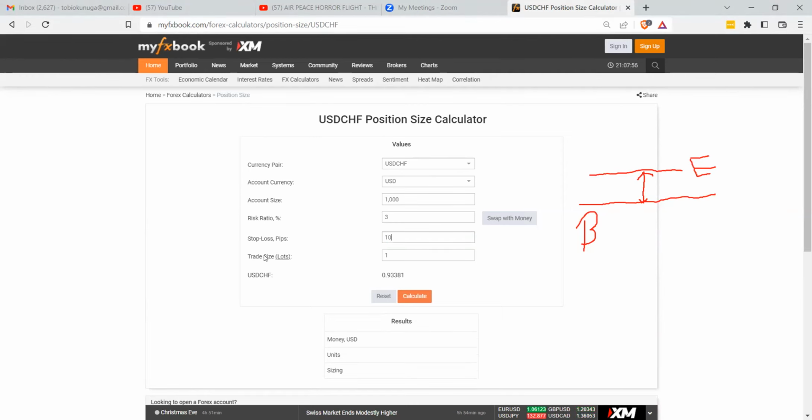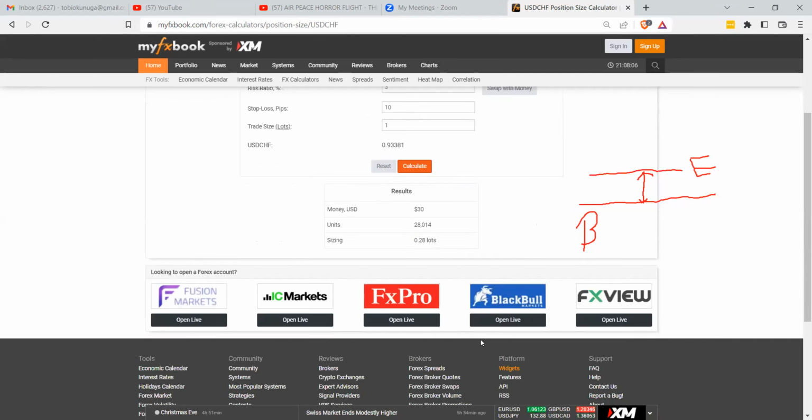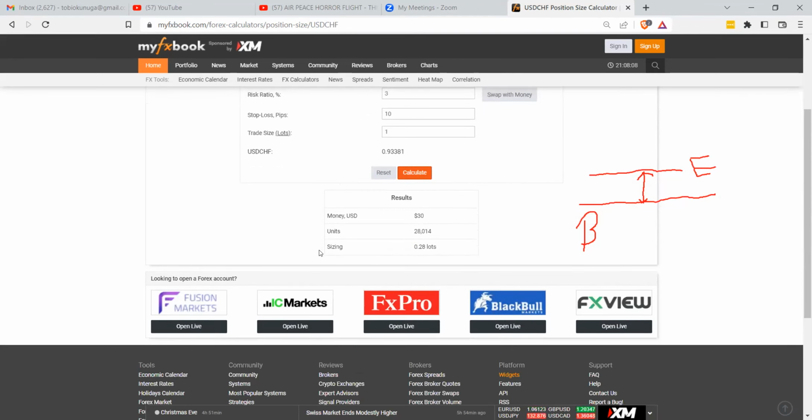And then trade size in lots, leave it as default. Don't touch it. Leave it as default. And then once you do that, you click on calculate. So once you click on calculate, you see sizing. So this sizing, you see it, you should use 0.28 lots.